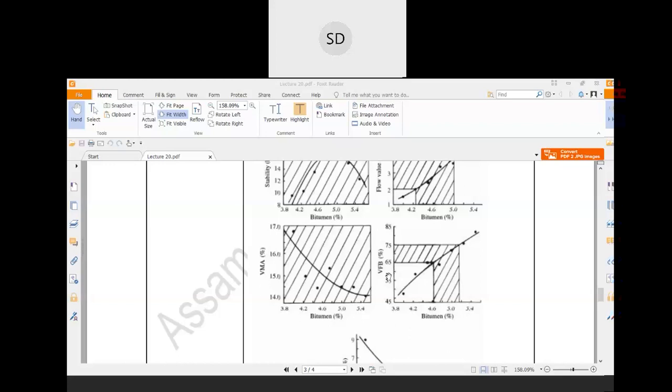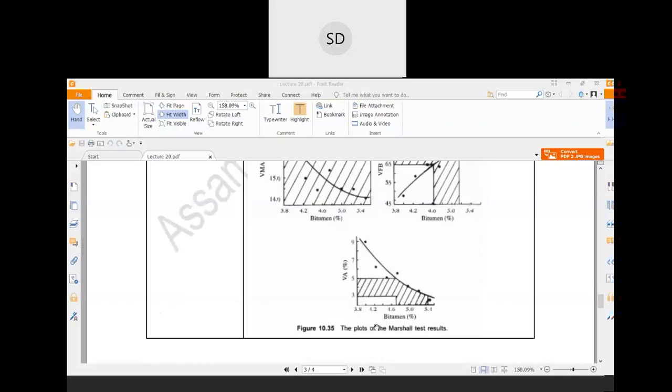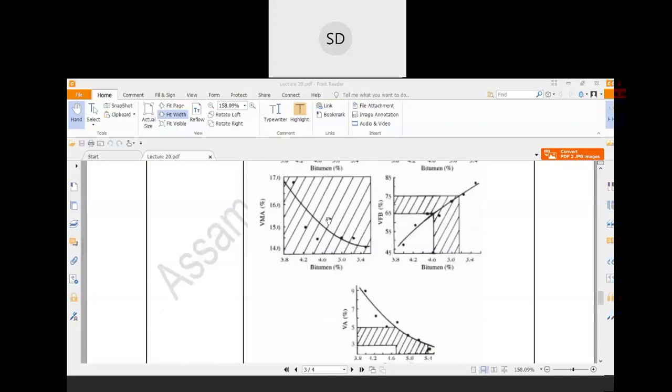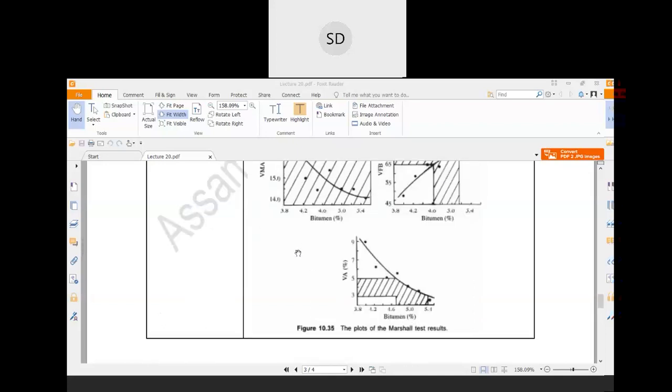Now, VFB percentage will increase as you increase the bitumen content, because more voids can be filled up by the bitumen. And as you increase the bitumen content, your VA, the air voids present in the mix, will also decrease, like in the case of your VMA.